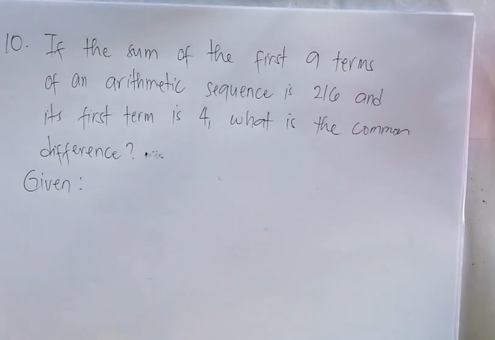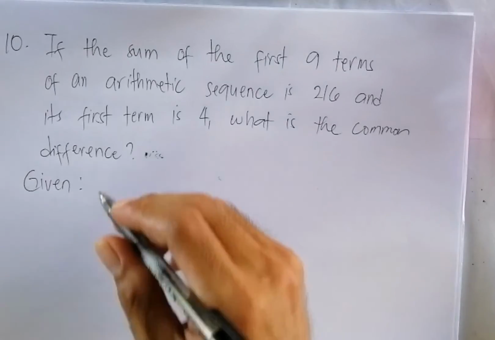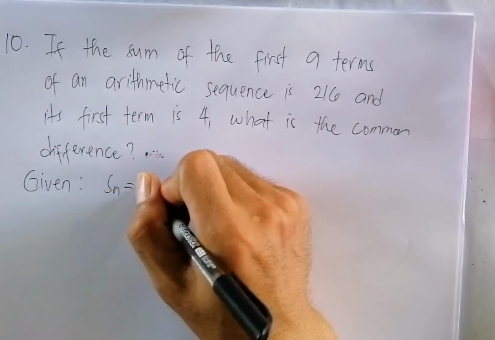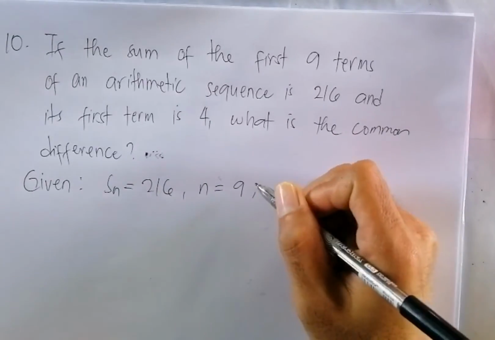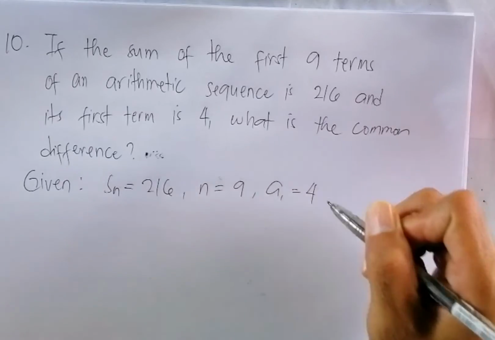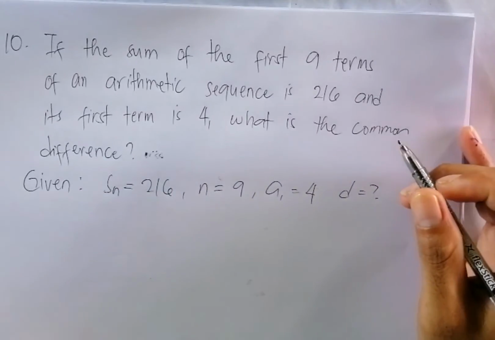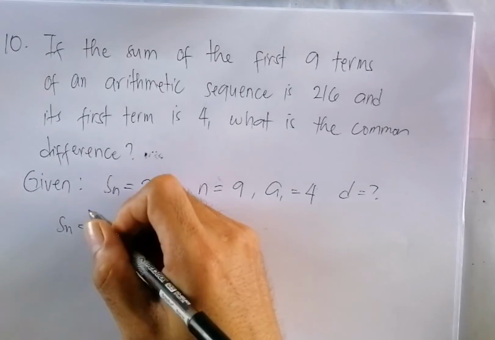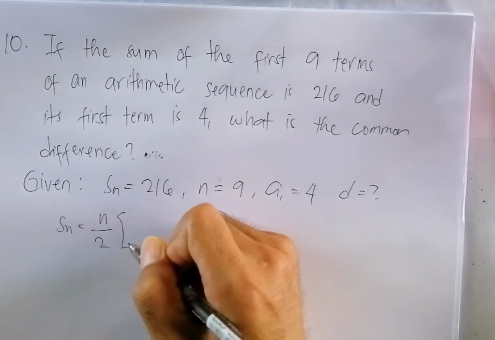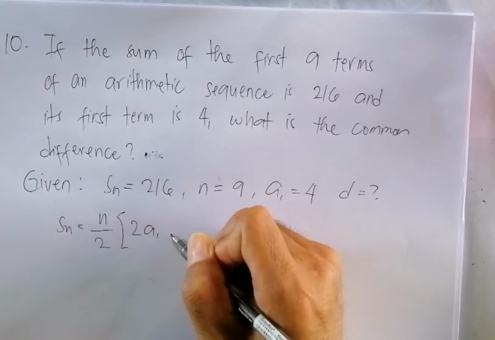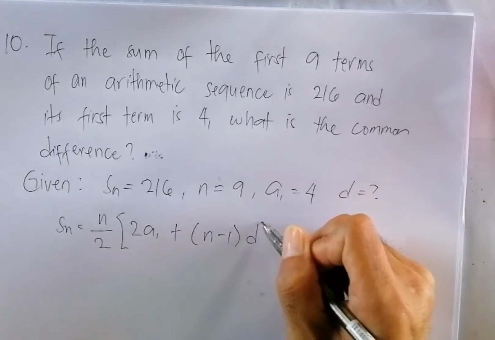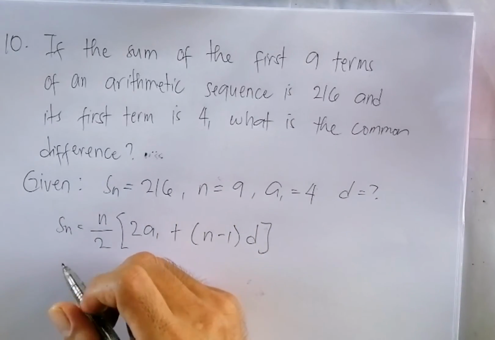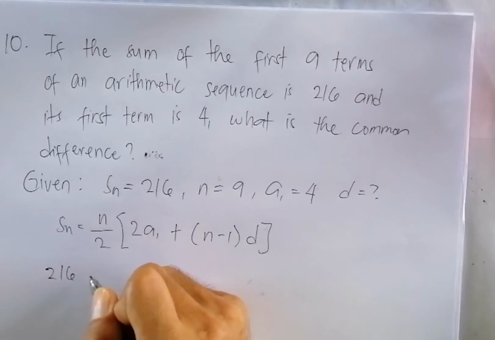Number 10, if the sum of the first 9 terms of an arithmetic sequence is 216 and its first term is 4, what is the common difference? Okay, given S sub n is 216, n is 9, a sub 1 is 4, then we're going to find common difference. Okay, so substitute the value.